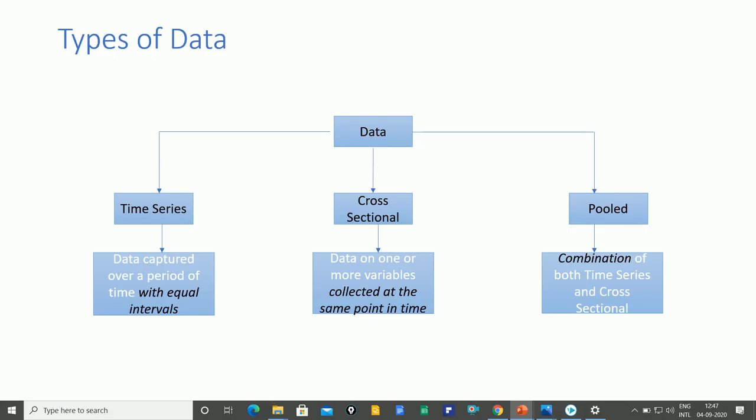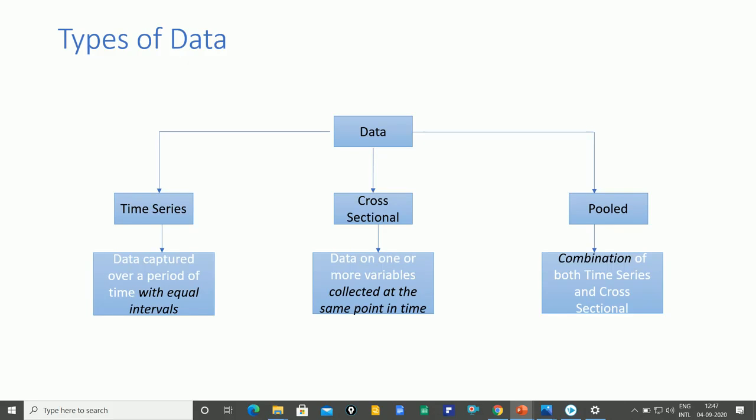Now what is cross-sectional data? Data on one or more variables collected at the same point in time. Here the important thing to remember is that the time point should be same. So a very popular example is that of conducting the census of the population. Now census is conducted every 10 years.